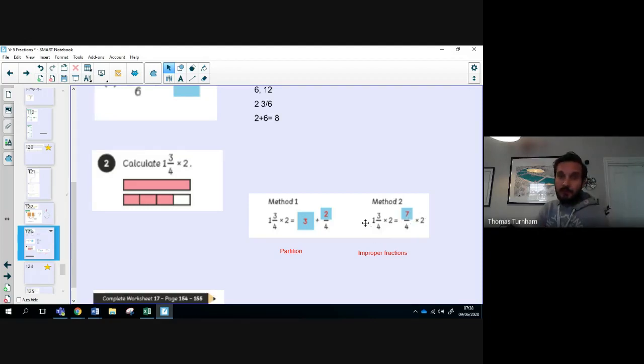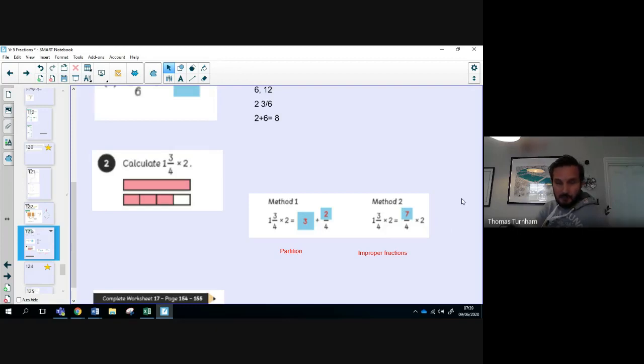Because remember, 1 whole is 4/4 plus 3/4, that's 7/4. So if you find it easier to say, actually, I'm going to multiply 7/4 by 2 and realize that that's 14/4, then all you've got to concentrate on is working out what 14/4 is in its most simplified form.